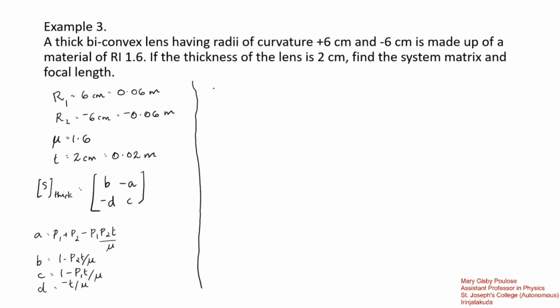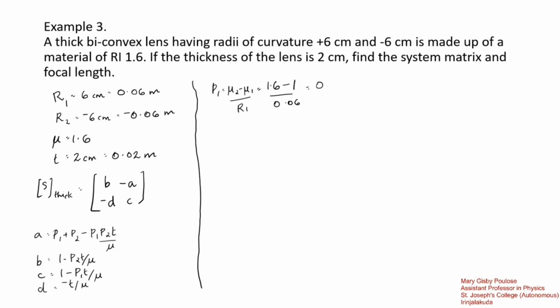Let us calculate the values for all these Gauss constants. For that, we need to find the values of P1 and P2. P1 is equal to mu2 minus mu1 by r1. That is, mu2 is 1.6 minus mu1, the refractive index of air, 1, divided by 0.06.